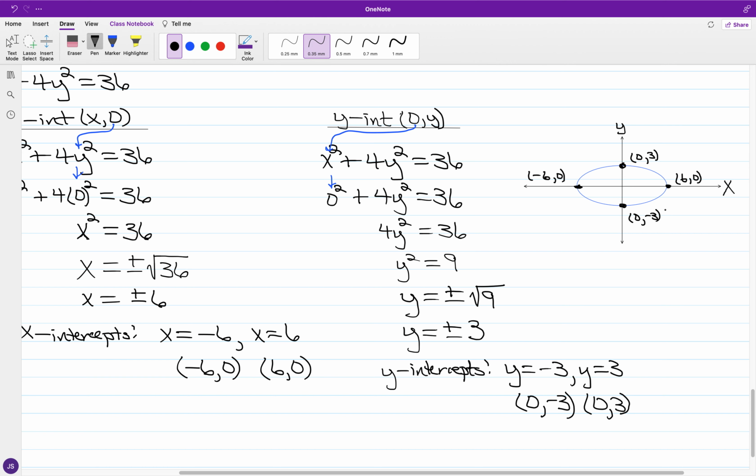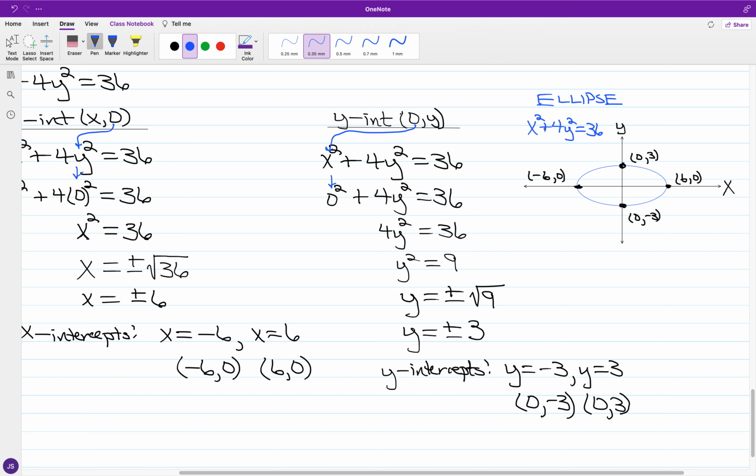Okay, so these 4 points are among many, many others that will represent everything we have in x and y, such that x squared plus 4y squared is equal to 36. And the type of image we have here, not a circle, but instead an ellipse.